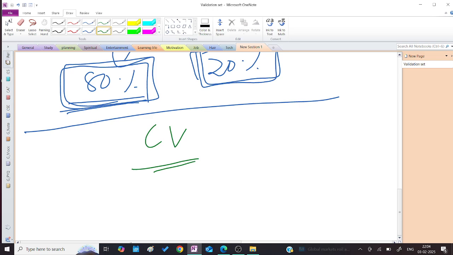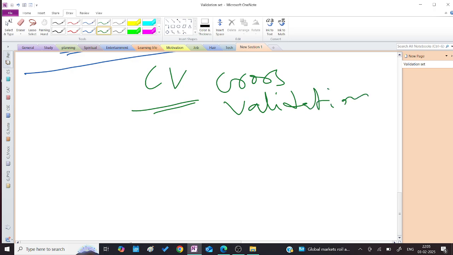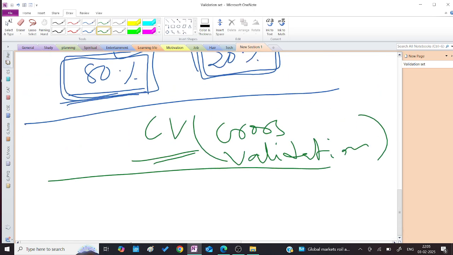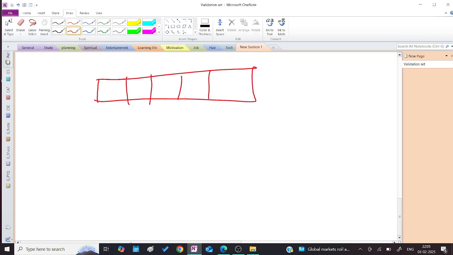Okay, so, CV, cross validation. What happens in cross validation is that, suppose this is the training data set, and this training data set is divided into an 80-20 ratio.